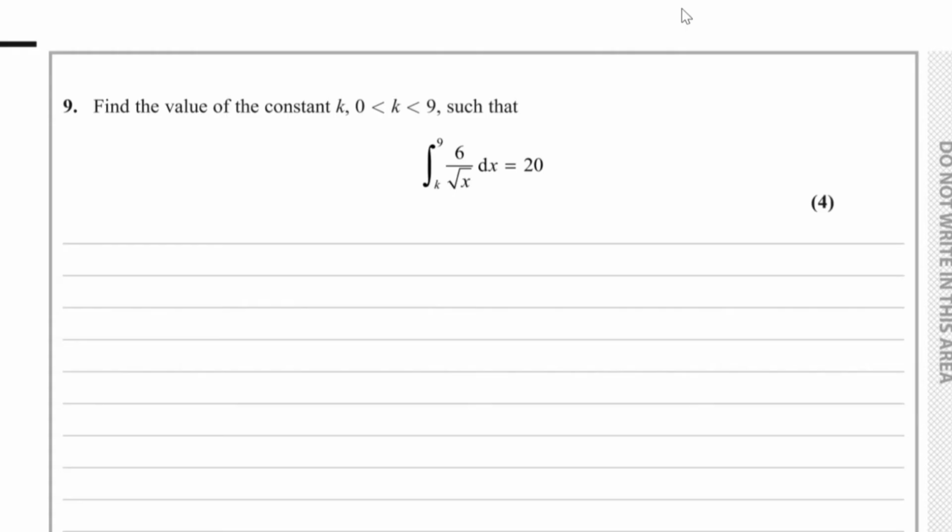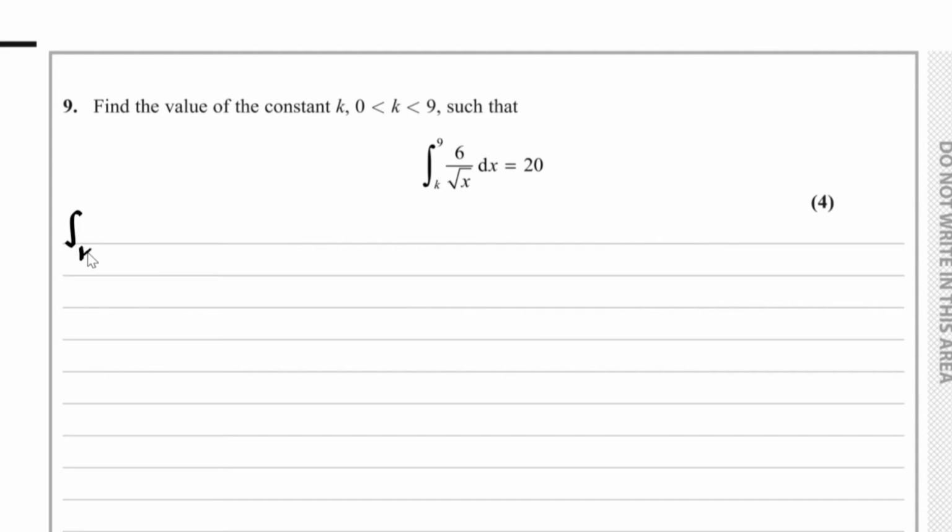Question number 9. We have to find the value of the constant k, where k is between 0 and 9, such that the integral of 6 over square root x with respect to x between k and 9 is equal to 20. Well, let's rewrite this integral.